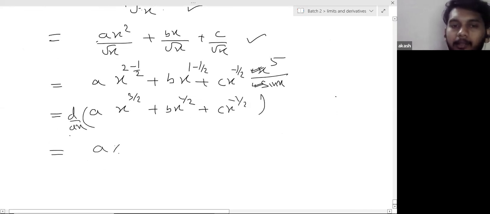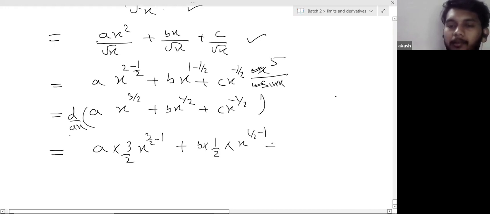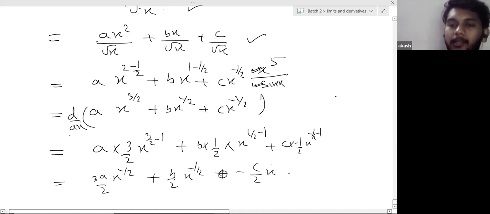So this is a, n is 3 by 2, x raised to the power 3 by 2 minus 1, plus b into n into x raised to the power 1 by 2 minus 1, plus c into minus 1 by 2 into x to the power minus 1 by 2 minus 1. So this is 3a by 2 x raised to the power half plus b by 2 x raised to the power minus half minus c by 2 x raised to the minus 3 by 2.